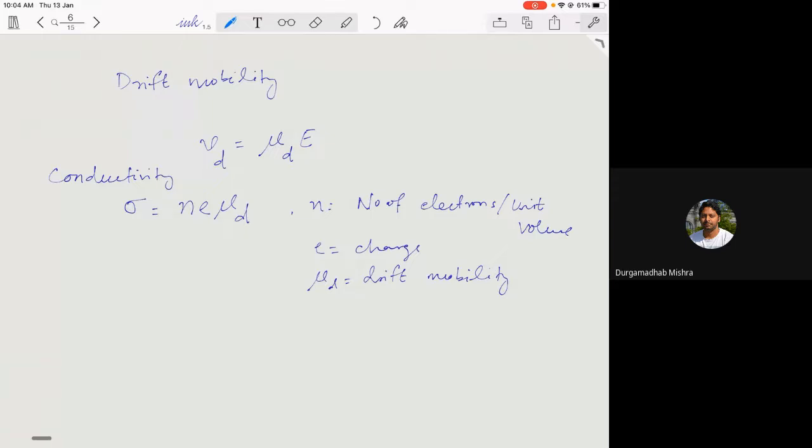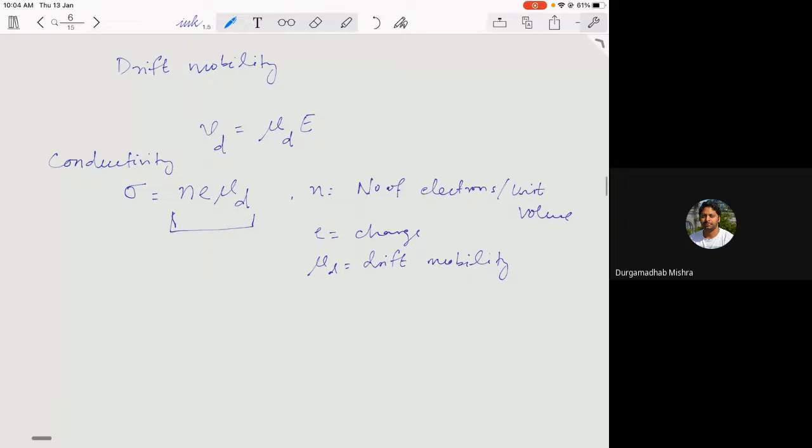If we know the dimensions of the material, we can calculate the conductivity or resistivity of the material. And this is related to all the microscopic parameters: the electron charge, the number of electrons, and the drift mobility, which all depend on how the electron responds to an electric field.